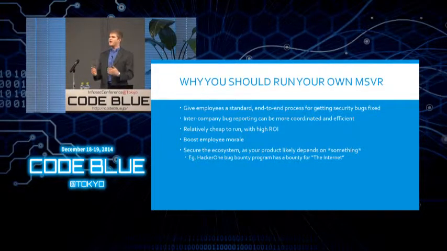And if we don't have a good way to work together, we're going to cause problems for each other. And we've seen that when issues became public prematurely and some websites were exploited. And it wasn't because anybody wanted to embarrass someone. It wasn't because someone wanted to cause problems. It was just a simple failure to communicate. And having a program in place with a defined process helps prevent those mistakes.